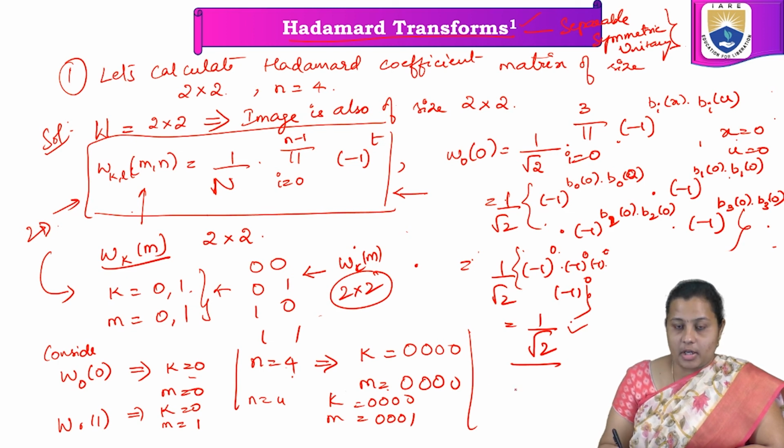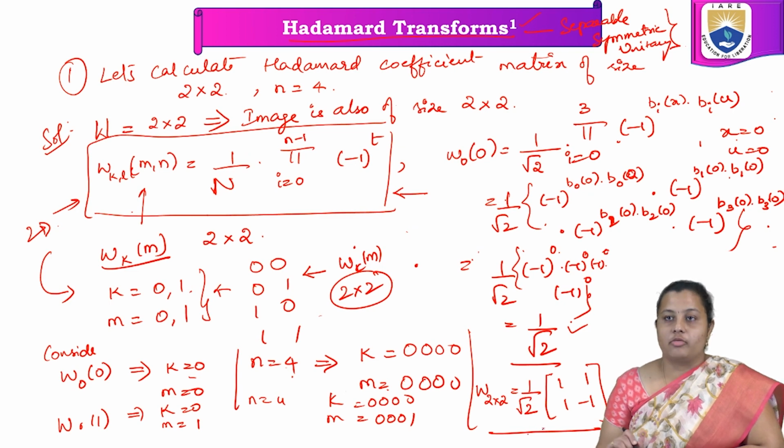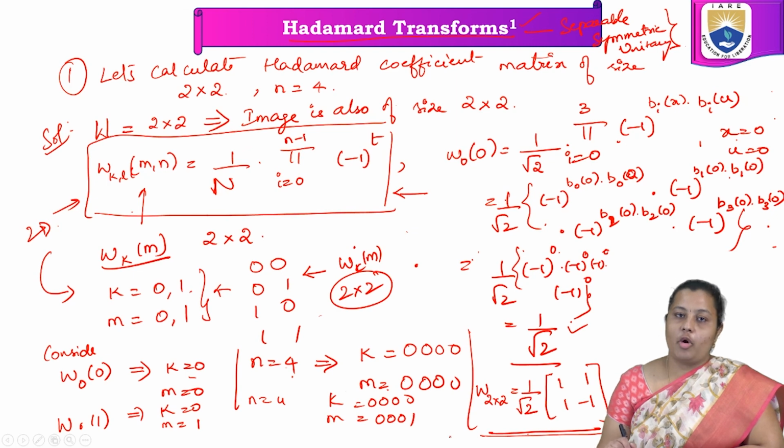If I calculate my Hadamard for 2 cross 2, I get my equation as 1 by square root of 2 into 1, 1, 1, minus 1. So these will be the coefficients of my Hadamard transform function. Using this equation, if I multiply it with my input image u, I can get my transform image v.